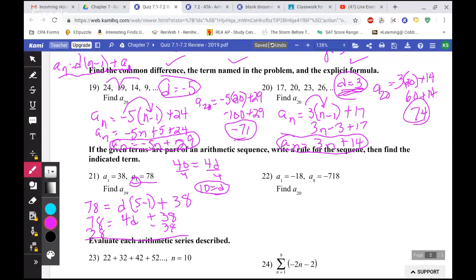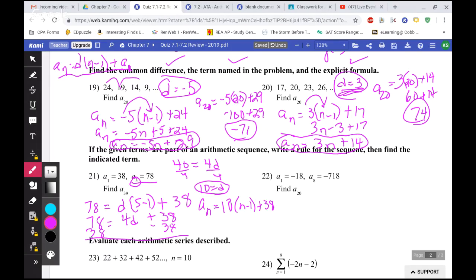And so now we need to write a rule. So we've done that previously. And we know how to do that. 10 is our common difference. N minus 1 plus 38. Because this step right here is exactly like all the steps that we were doing on 19 and 20.